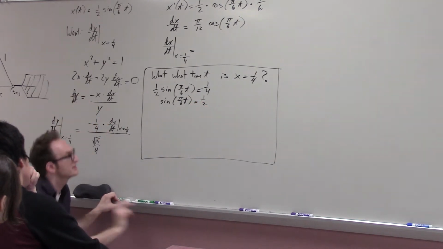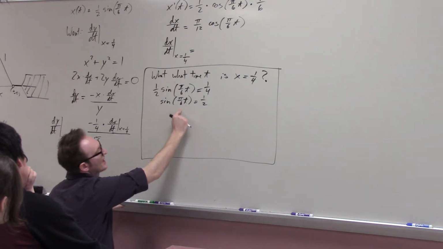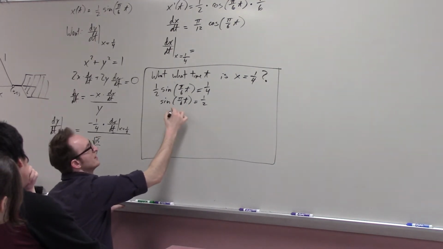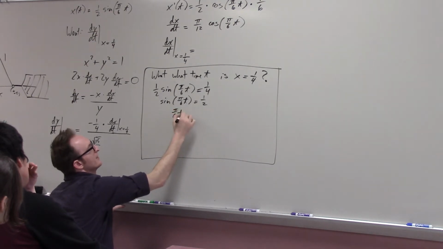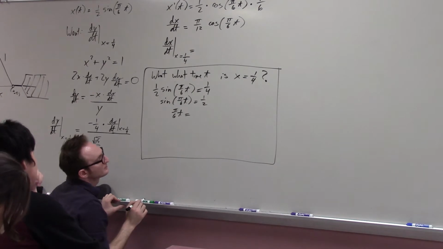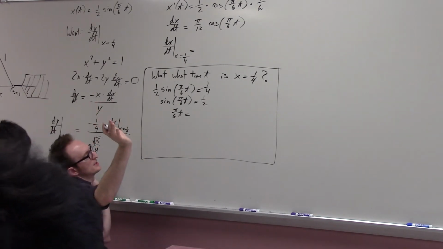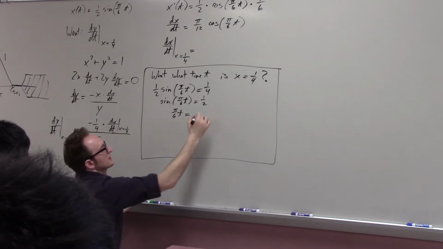I don't know how Giles did this, but the way I teach it, I say to myself, if sine of something is 1/2, then that something must be, when is sine 1/2? Sine is 1/2 at pi over 6 and 5 pi over 6.